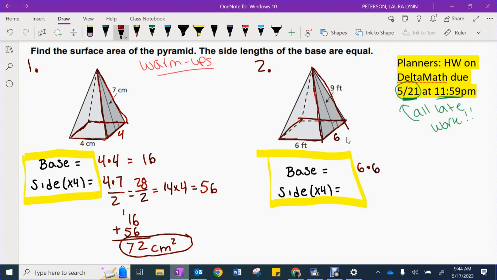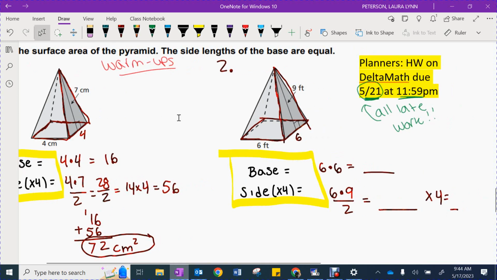So we're going to use this triangle where the base is 6 times the height of 9 divided by 2 equals. Eventually, I want you to say times 4 equals. So you have to fill in what is 6 times 6 and all of this other information. Take a few minutes right now, pause the video to attempt that multiplication, and then unpause to check your answer.